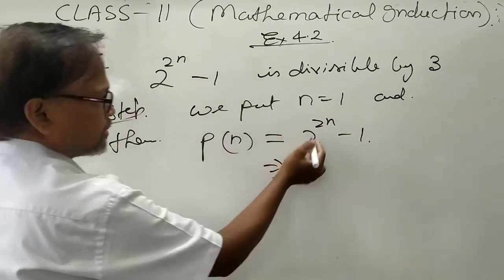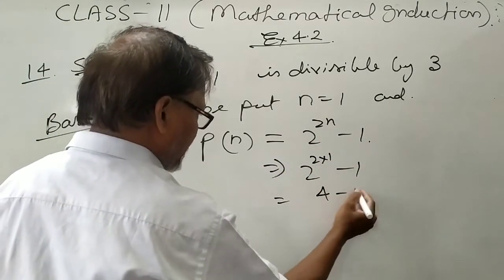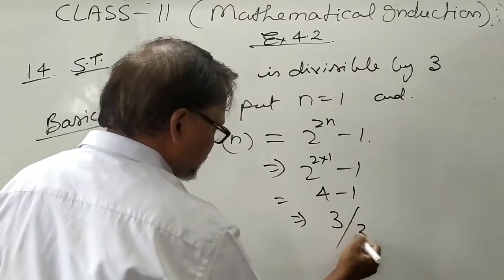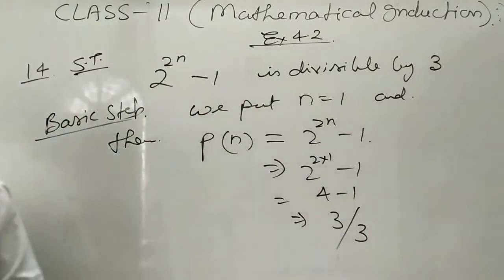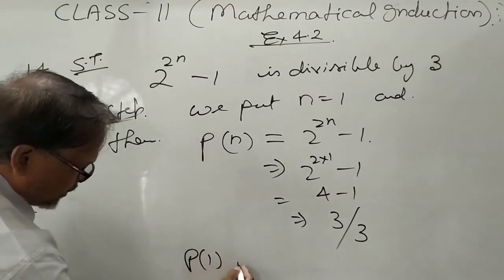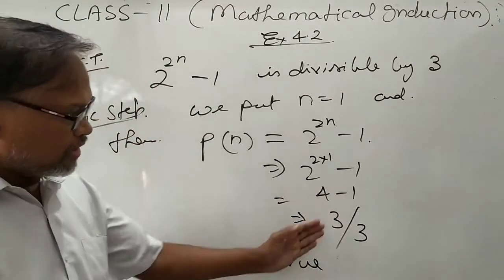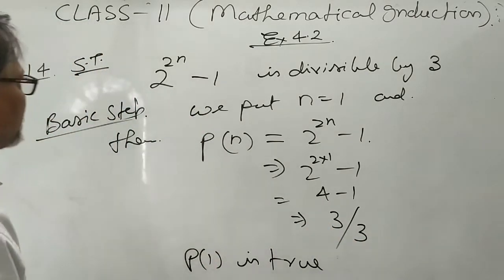So in this 2 the power 2 into 1 minus 1, that is 4 minus 1 is equal to 3, and 3 is divisible by 3. So you can say P1 is true because 3 is divisible by 3. So the basic step is proved.